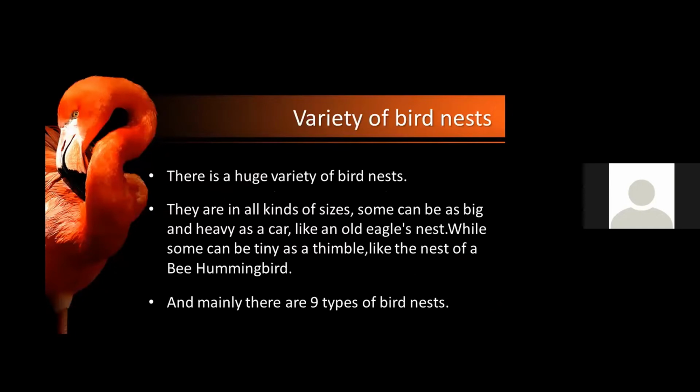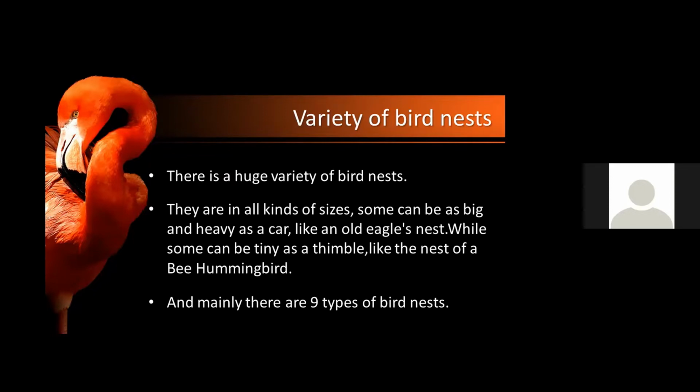Variety of bird nests. There is a huge variety of bird nests. They are in all kinds of sizes. Some can be as big as a car, like an old eagle's nest, while some can be tiny as a thimble, like the nest of a bee hummingbird.